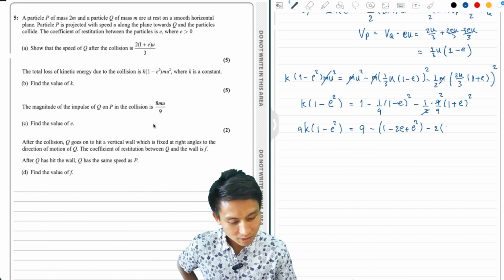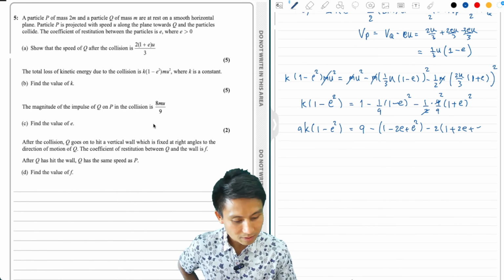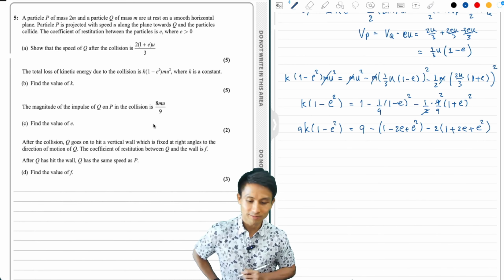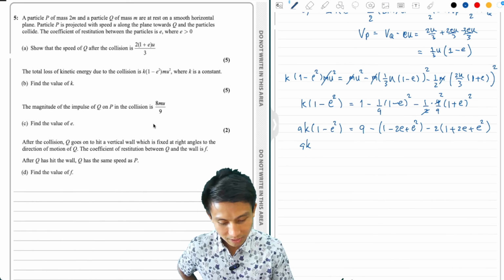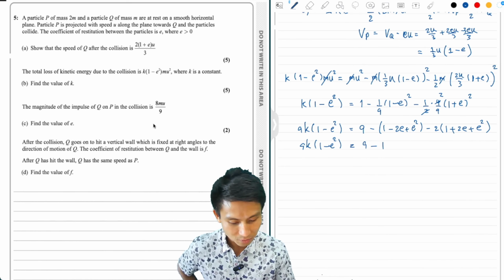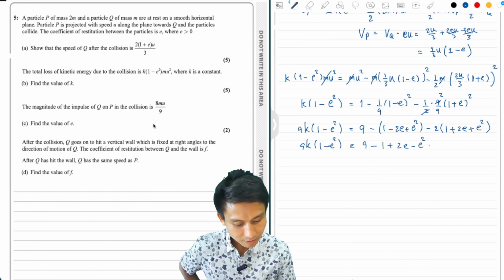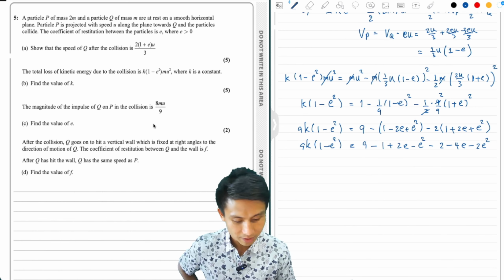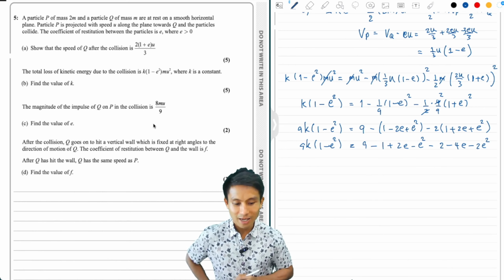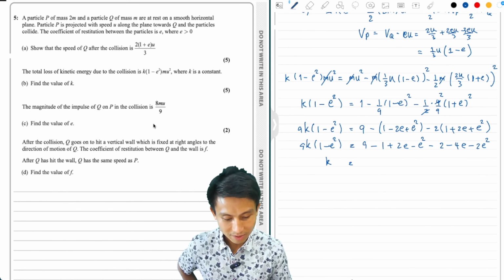We have 2, and then (1 plus 2e plus e squared) for this one as well. Okay, so we are almost there. So 9k(1 minus e squared) equals 9. I'm just going to expand now. Minus 1 plus 2e minus e squared. Minus 2 minus 4e minus 2e squared. Okay? And k should just be making it the subject.